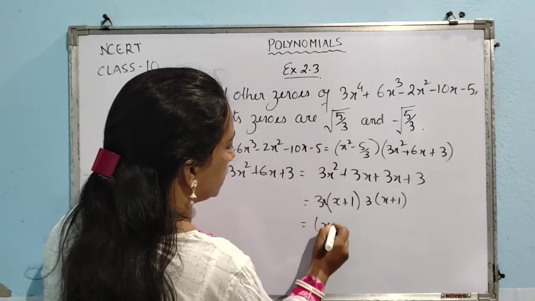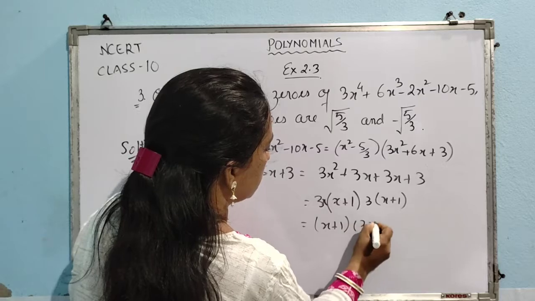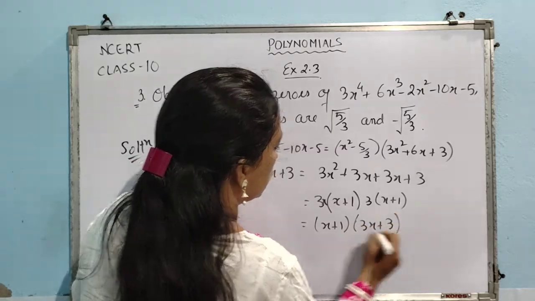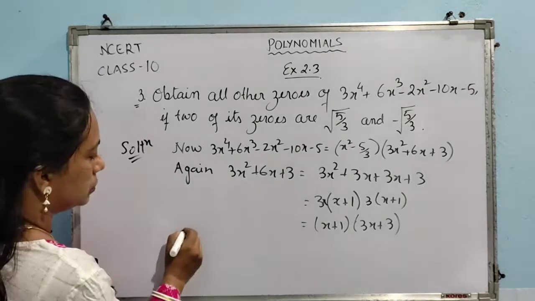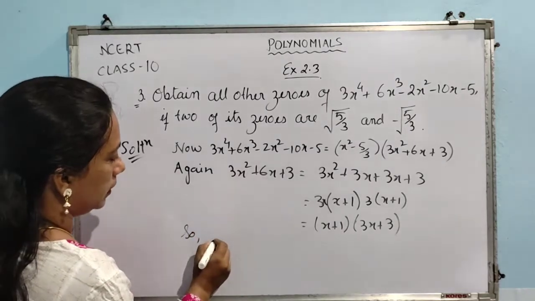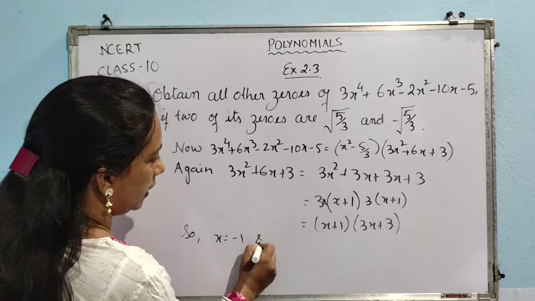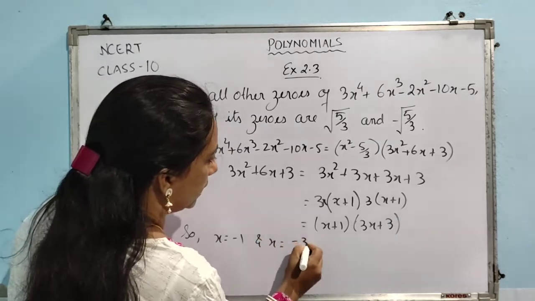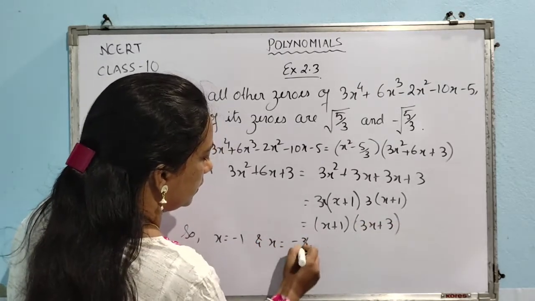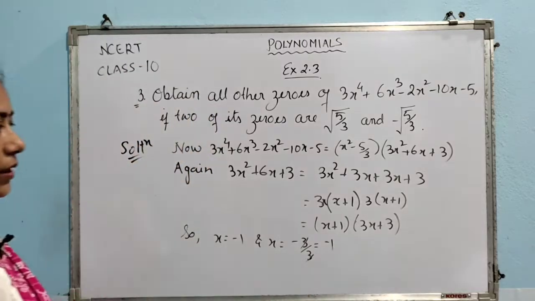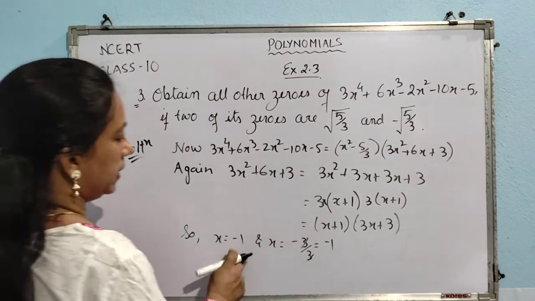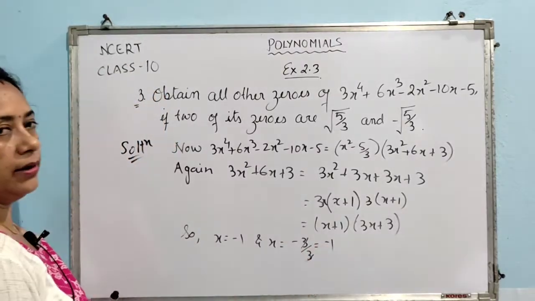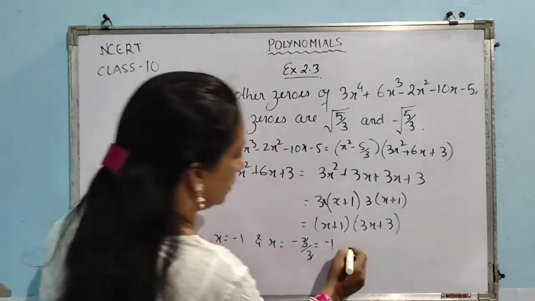So we got x plus 1 into 3x plus 3. From here the other two zeros: x equal to minus 1 and x equal to minus 3 by 3, that is equal to minus 1. Clear? So x equal to minus 1 and x equal to minus 1 are the other two zeros.